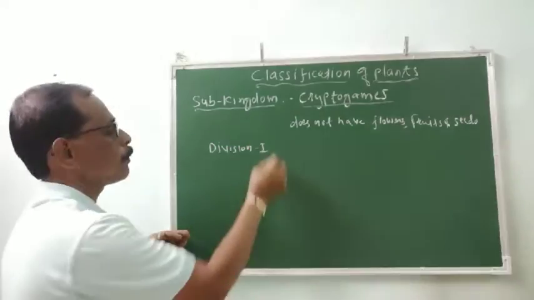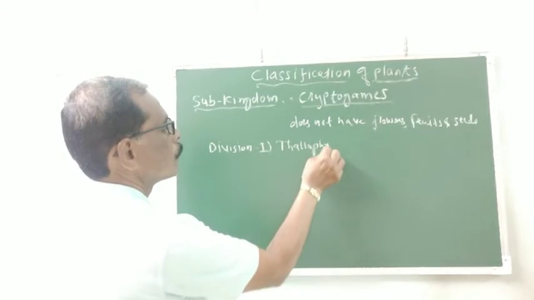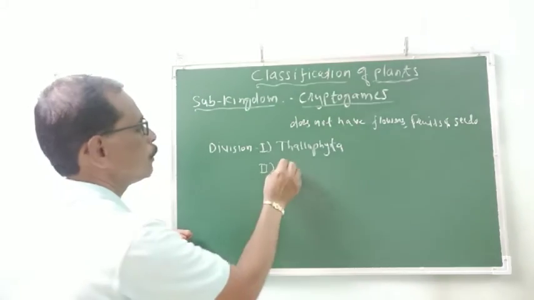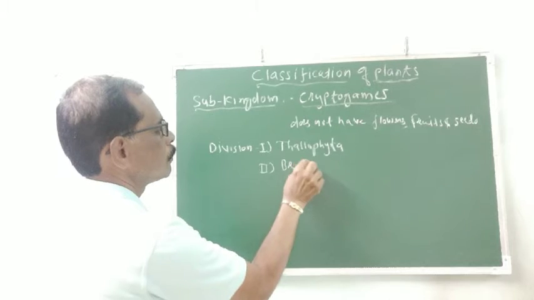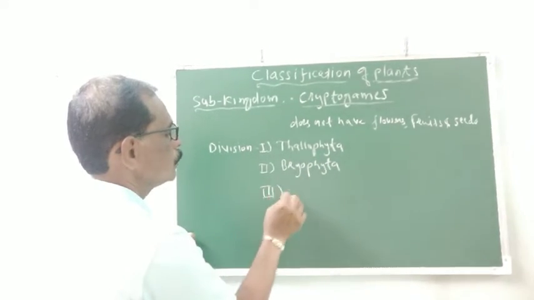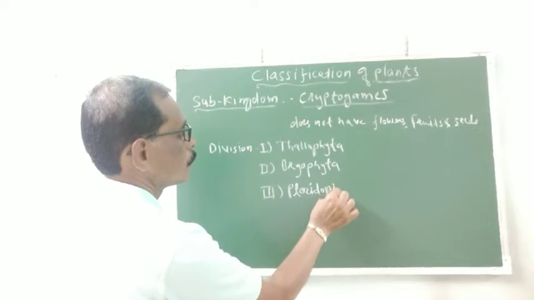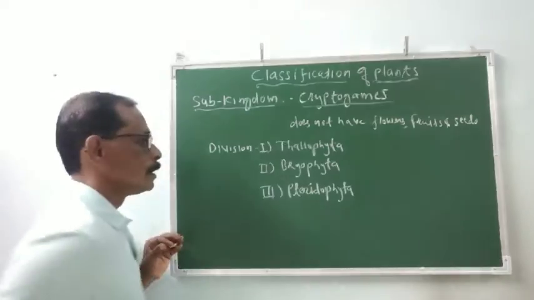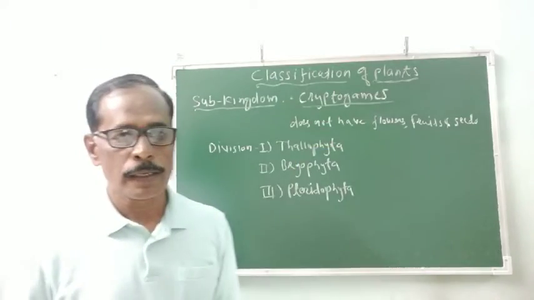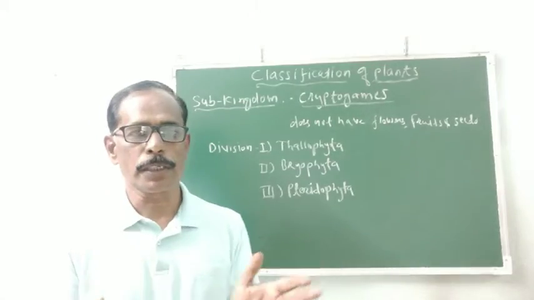Division first is Thallophyta, division second is Bryophyta, and division third is Pteridophyta. These are the three divisions of the cryptogamous plants, and that division is based on whether the plants have a separate conducting tissue or not.